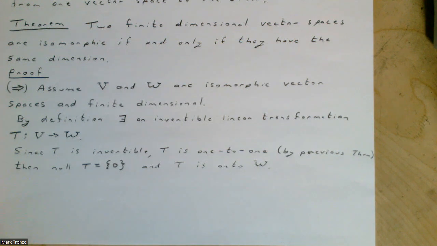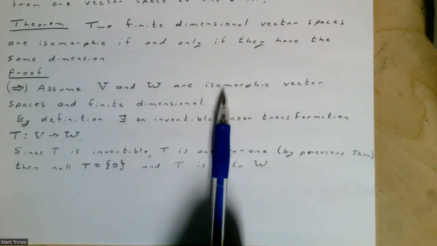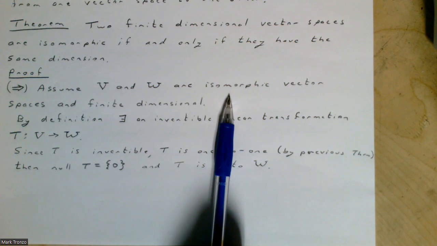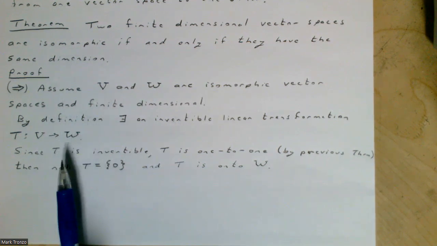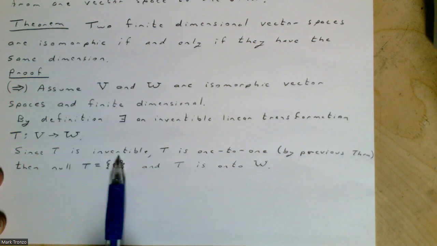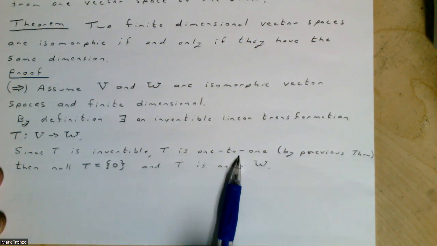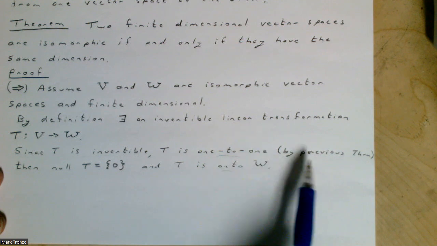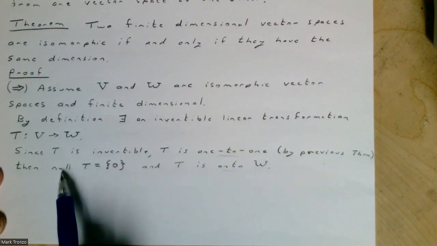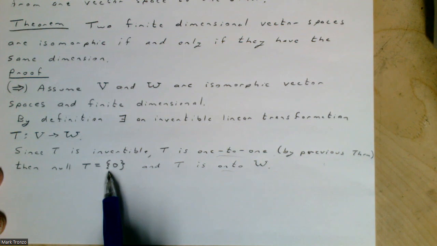So let's see what we have. So first we're assuming we have isomorphic vector spaces. And by definition, that means we have an invertible linear transformation. And from the previous theorem, since T is invertible, it's one-to-one and onto. And then since it's one-to-one, we know that the null space is zero.